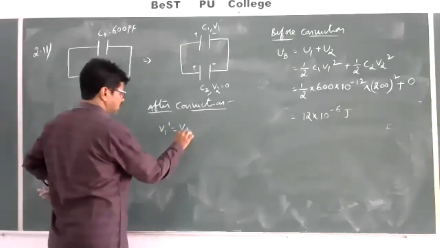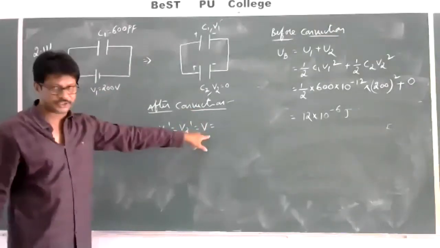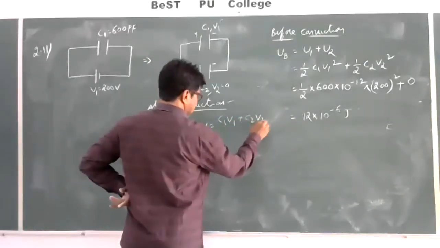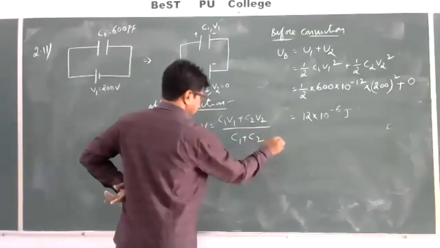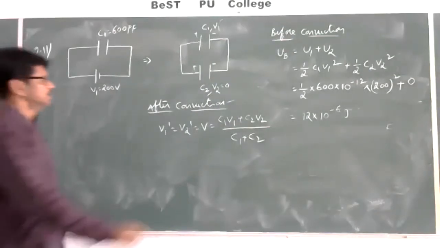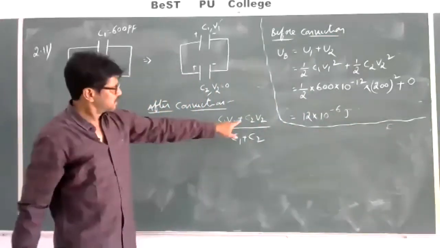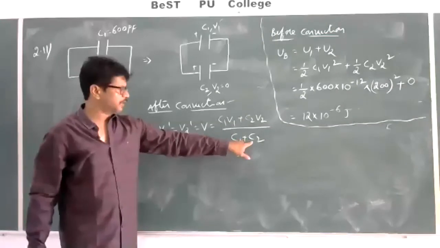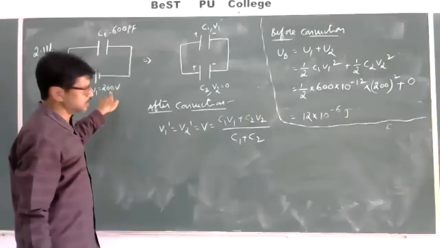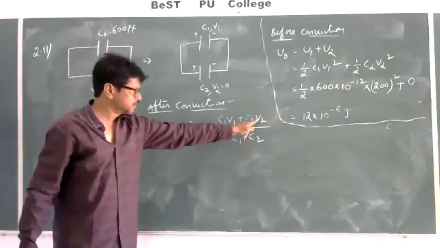V1 dash is equal to V2 dash is equal to V. Common potential after connection is C1 V1 plus C2 V2 divided by C1 plus C2, where C1 is 600, V1 is 200, C2 is also 600, and V2 is equal to 0.